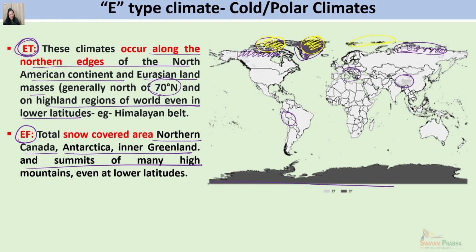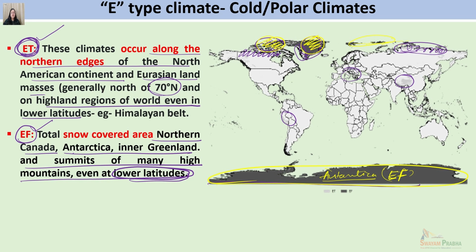Whereas in the southern hemisphere, the entire Antarctic continent is under EF type of climate. Besides this, EF type of climate also includes the snow-covered summits of many high mountains in the lower latitudes. So this particular category of the highland regions of lower latitude also come under ET and EF.